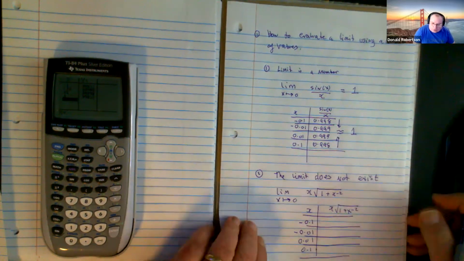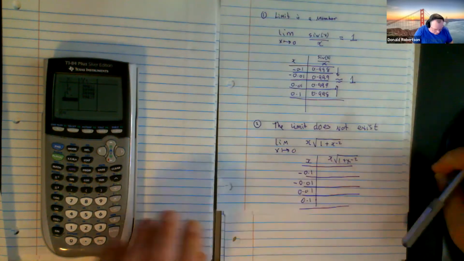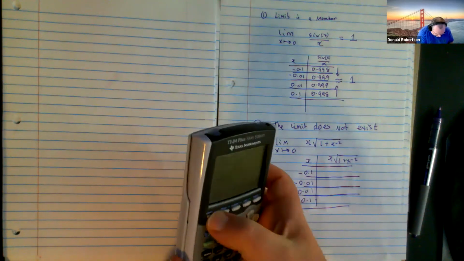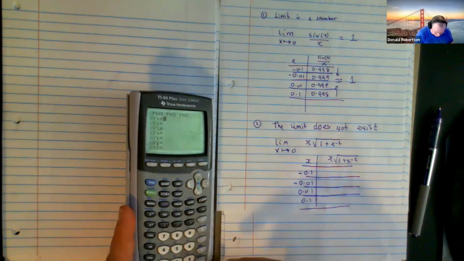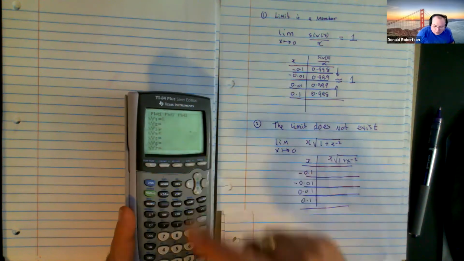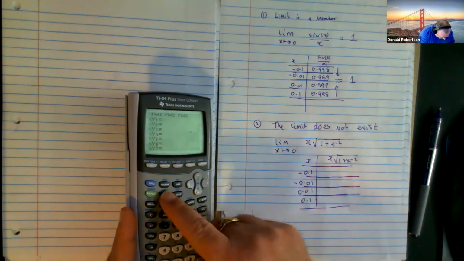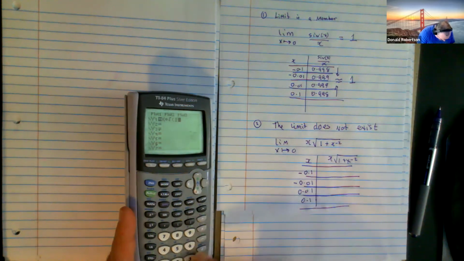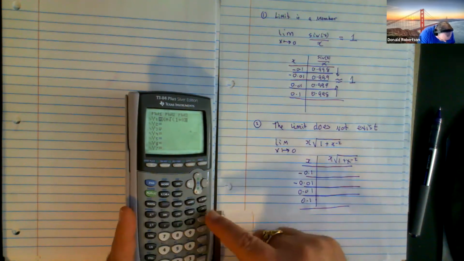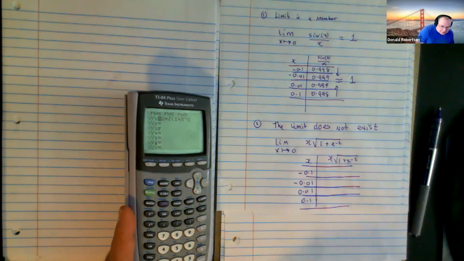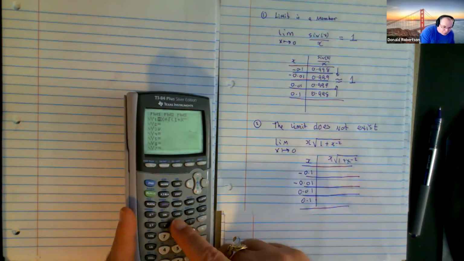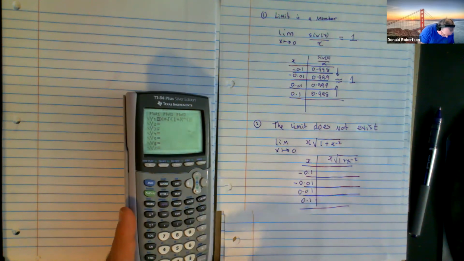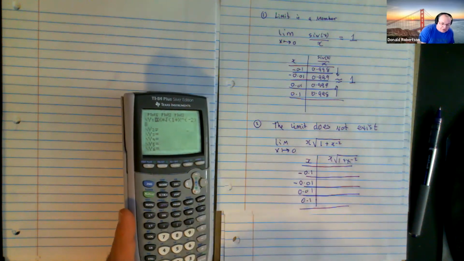Now, since I've already set up table setup, all I need to do this time is write down this guy in y1. So that's going to be x times the square root of 1 plus x to the power of. You got to be careful. You probably don't need these brackets to put in the negative 2.